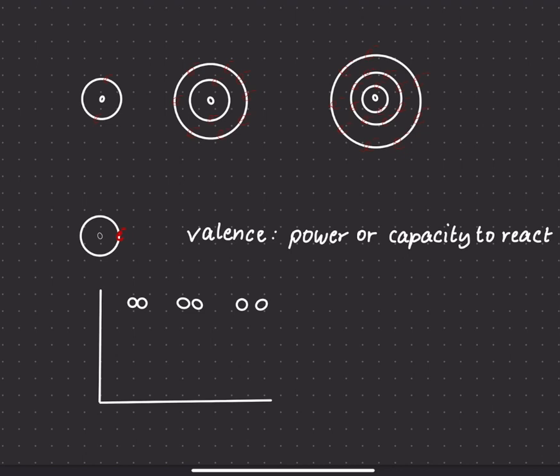Then we could redraw the energy levels. Energy. And this would be, of course, our distance. Then we could draw the graph somewhat like this.